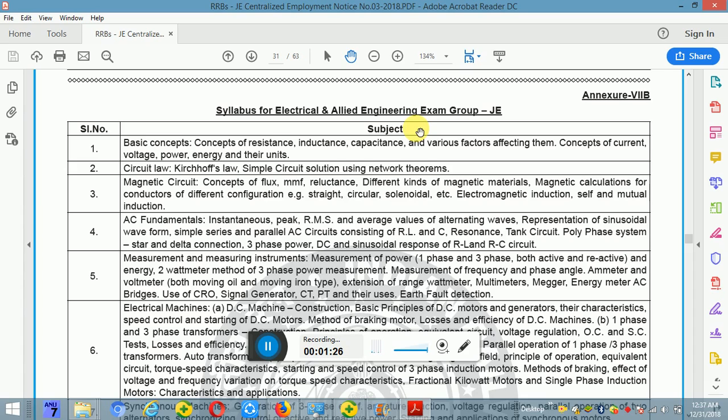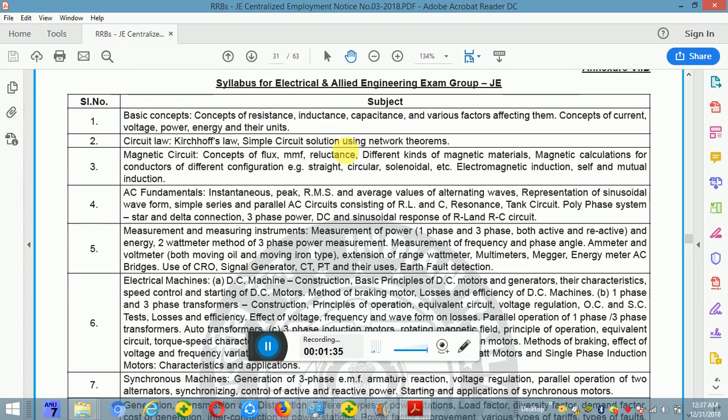qualifications will be eligible to write the JE examination, and the syllabus for those: first is electrical, and the topic is basic concepts of resistance, inductance, capacitance and various factors affecting them, concept of current, voltage, power, energy. This is the basic concepts. What is resistance, and what are the factors affecting that.